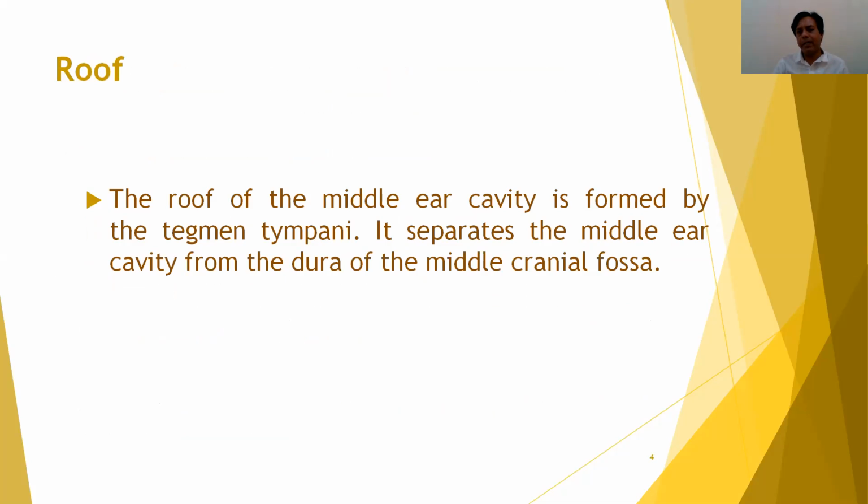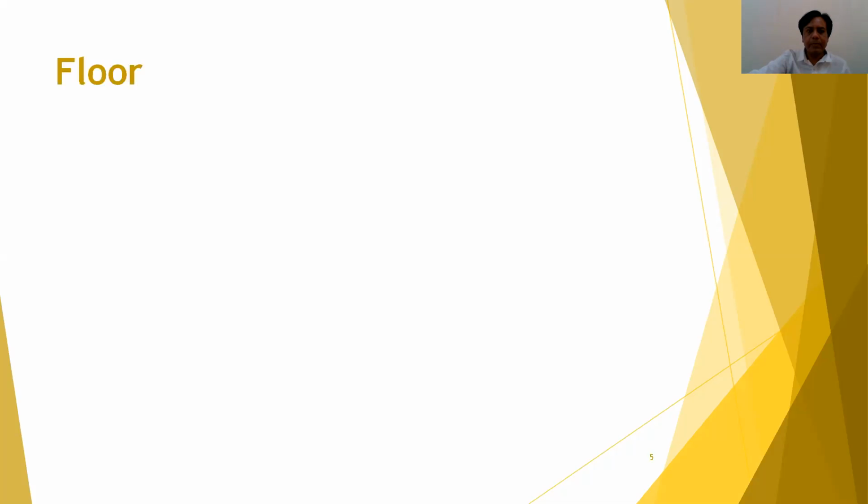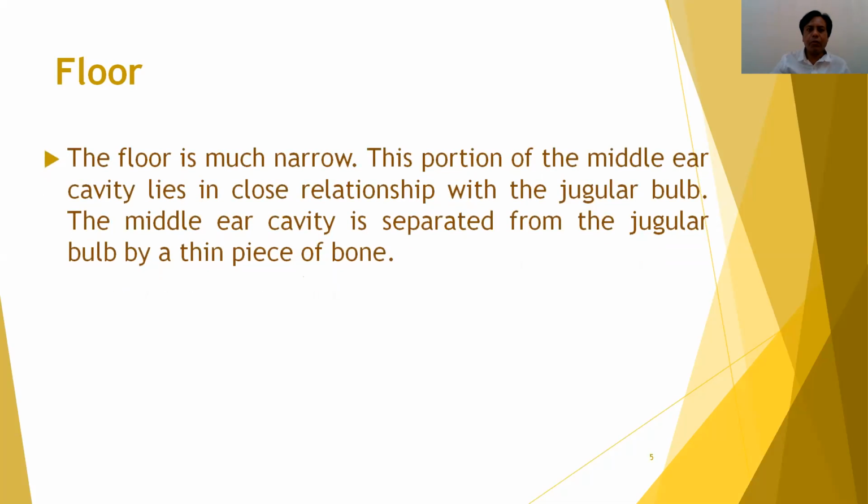It separates the middle ear cavity from the dura of the middle cranial fossa. So it is formed by tegmen tympani. Second is floor. The floor is much narrow. This portion of the middle ear cavity lies in close relationship with the jugular bulb. The middle ear cavity is separated from the jugular bulb by a thin piece of bone.